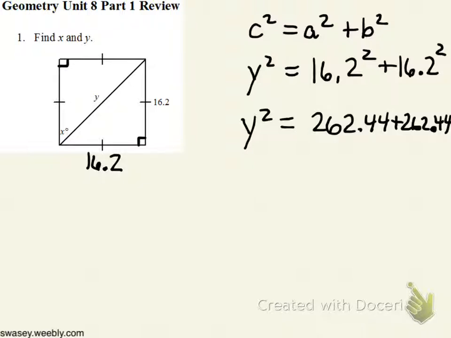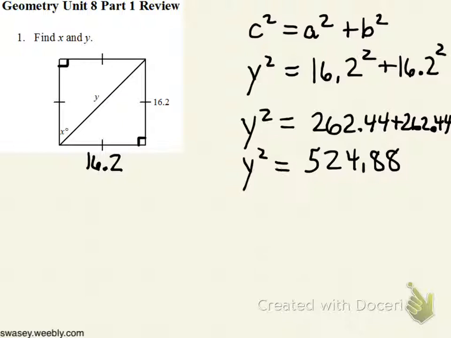When we square those 16.2, we get 262.44. Add those together, and we get 524.88.